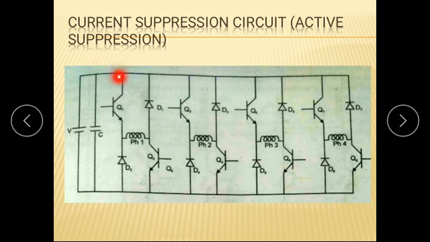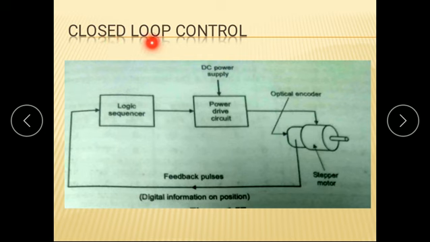So the current path will be from plus, Q1, phase 1, Q2, and then to minus. Then if you remove this excitation, this phase's minus and plus polarity changes. So through D1, capacitor and D2 to phase winding. That's why the energy is used for charging the capacitor. Then closed loop control.